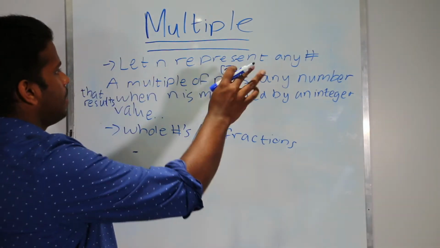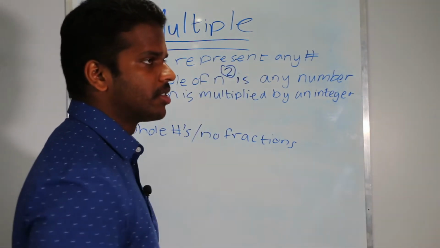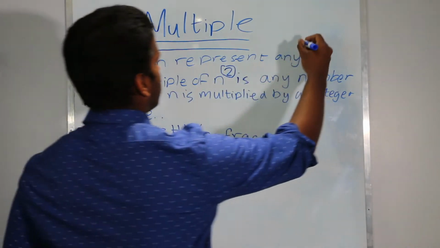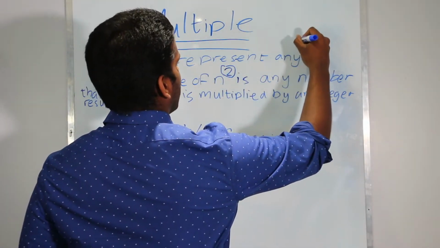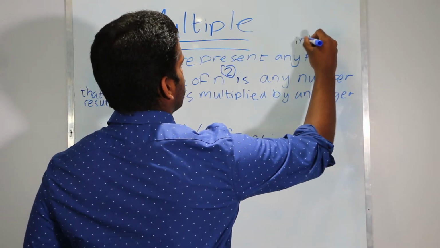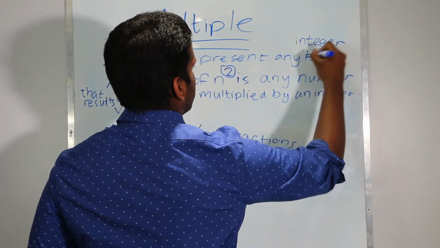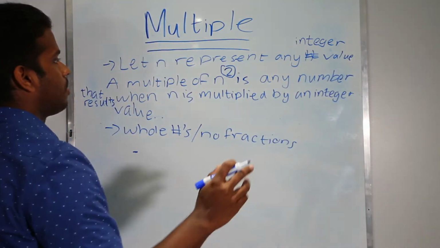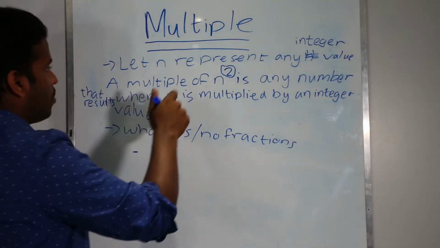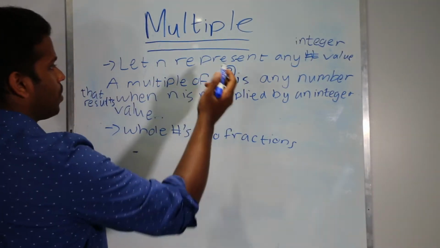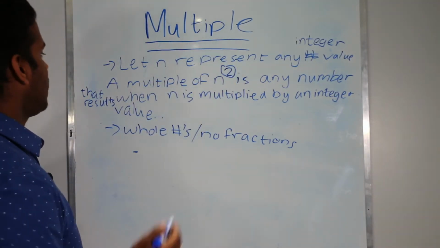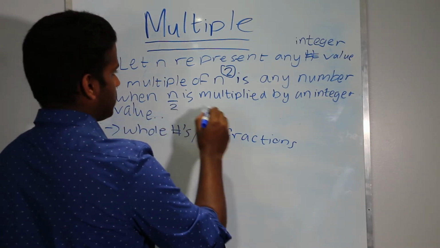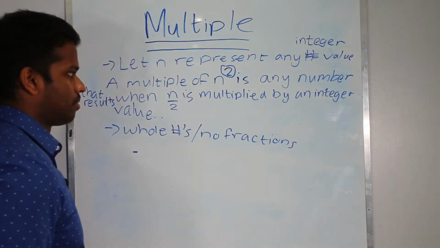We'll use a similar definition to what we did with factors. Let n represent any whole number. A multiple of n, so we'll choose 2 for example, is any number that results when that number, 2, is multiplied by an integer value.